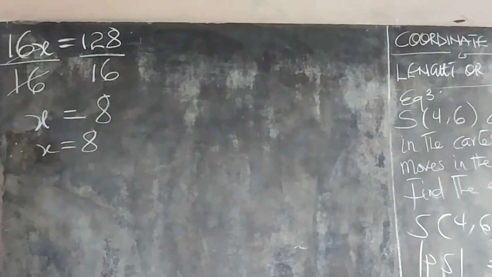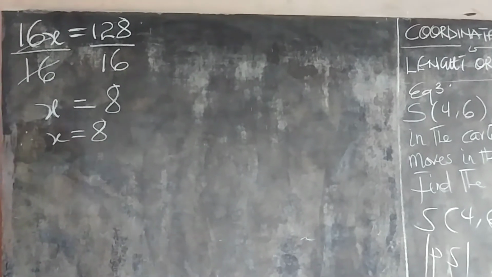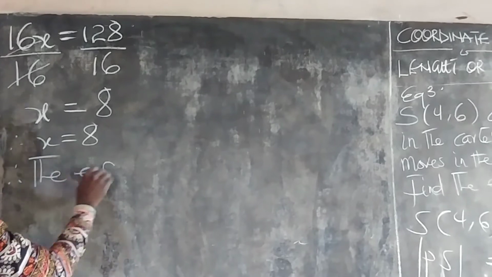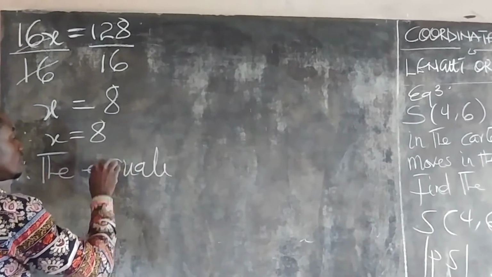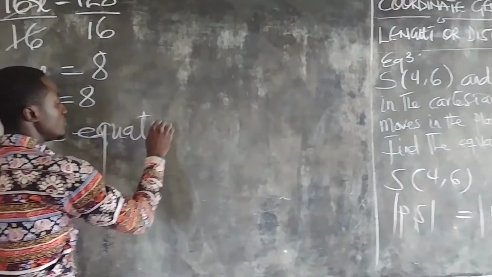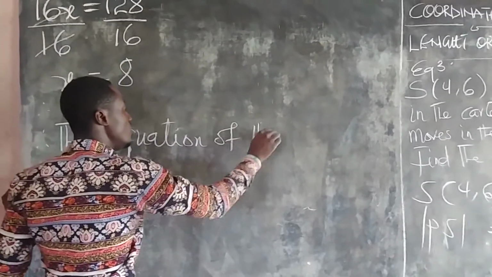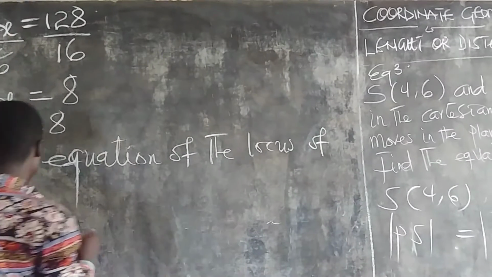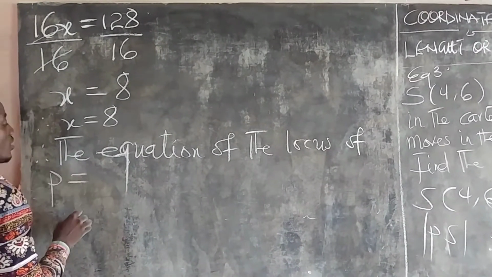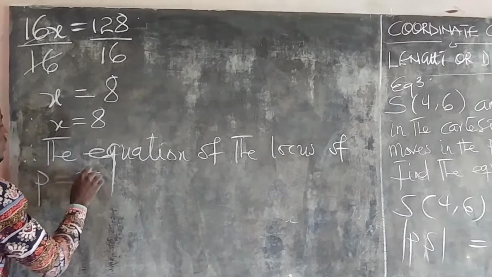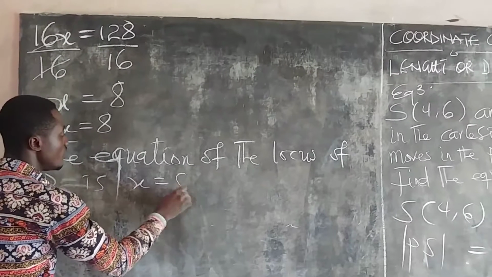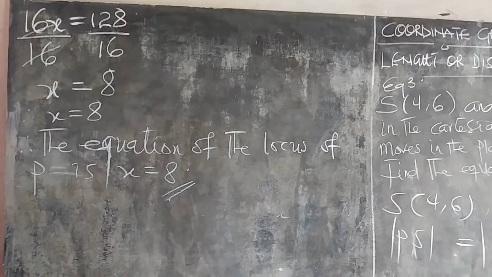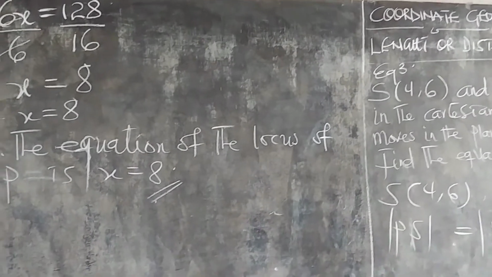But the question says that we should find the equation of the locus of what? We should say that therefore the equation of the locus of P is x is equal to 8. Very good.